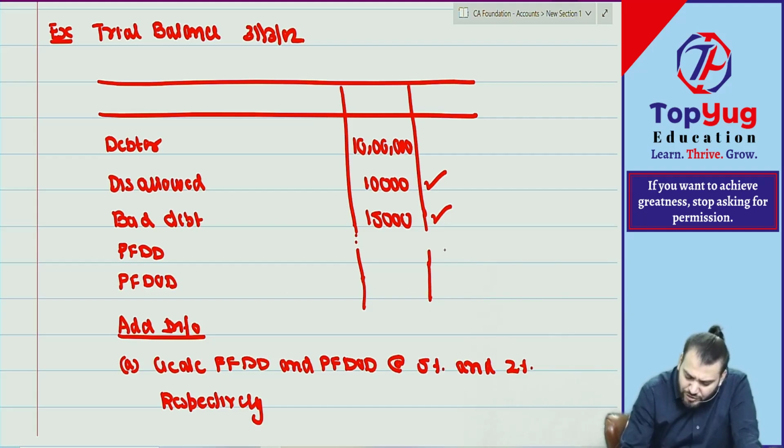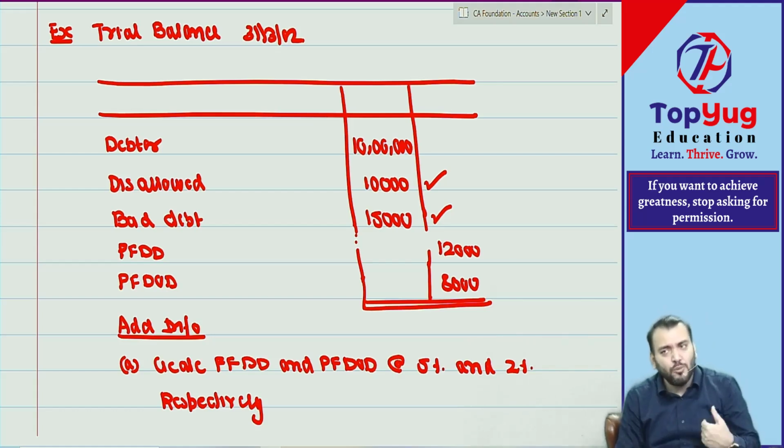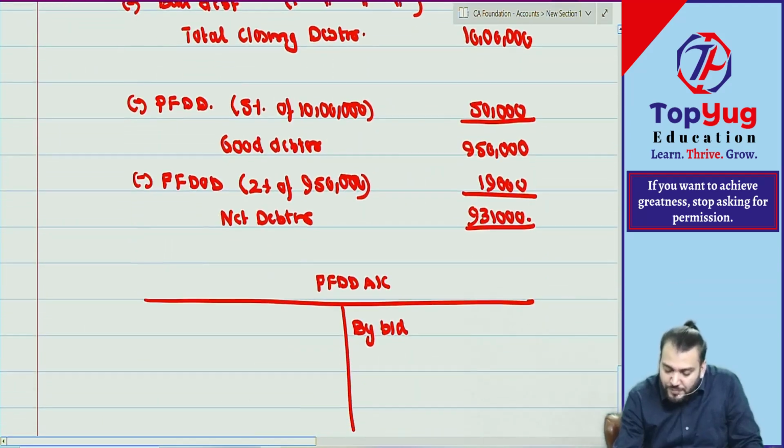Write down, suppose it is 12,000. It is suppose 8,000. Can you say even though date is not given, this will always be opening balance? In trial balance, always opening provision will come, closing provision can't come. Correct? So it means opening balance I have given. So provision for doubtful debt, how much I have given?